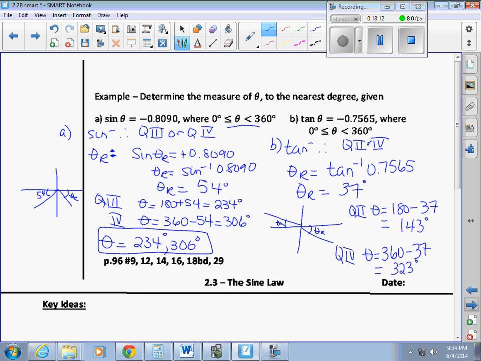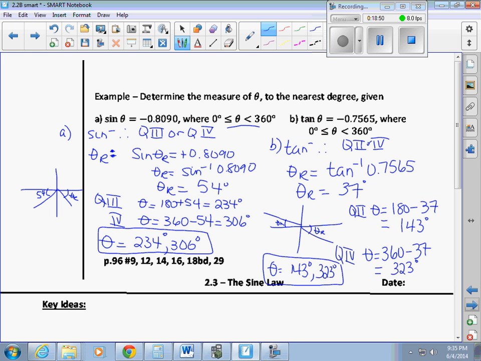That falls between my restrictions, and you can check it on the calculator: tangent of 143 and tangent of 323. You'll find that your decimal is going to be off just a little bit, and that's just because we rounded to 37 degrees. If we had left it as a decimal, then we would have a more accurate answer. So our solution: theta is equal to 143 or 323 degrees.